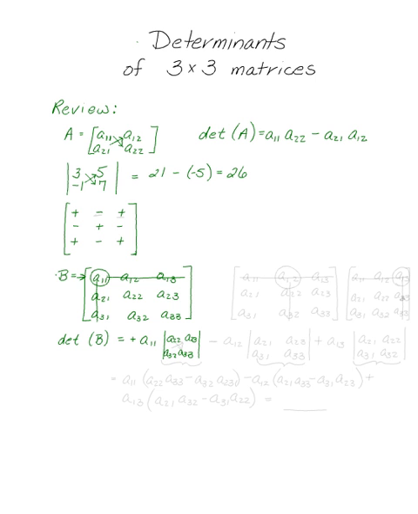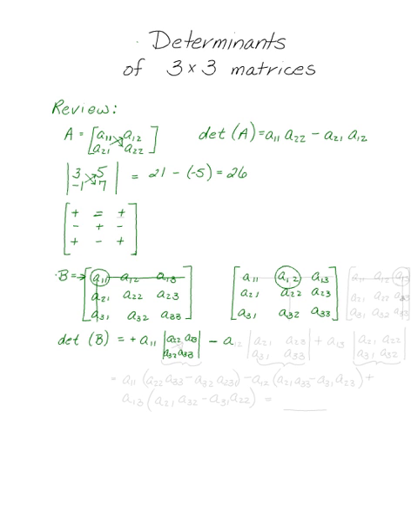Then we continue across that row. We do the same idea, taking matrix B again and picking up the next item across that row. If we look up at our signs matrix, it has a negative sign associated with it, so we put a negative sign here.